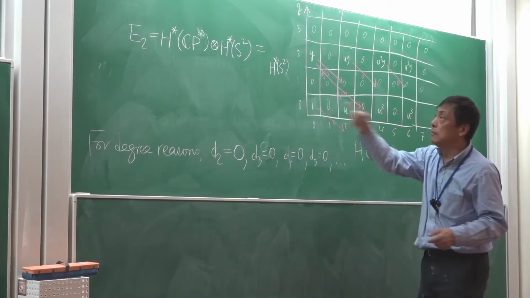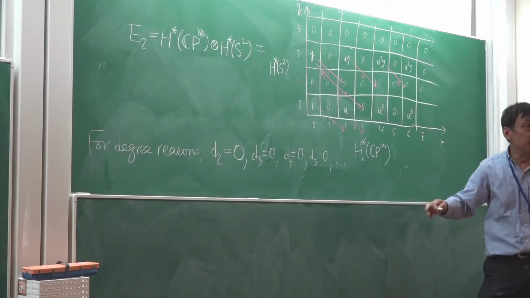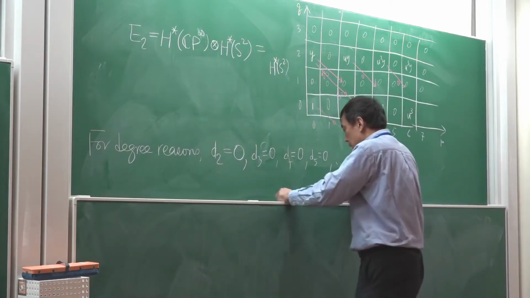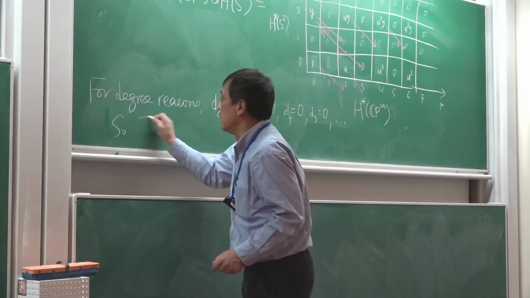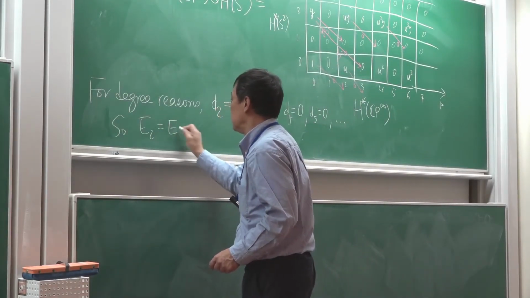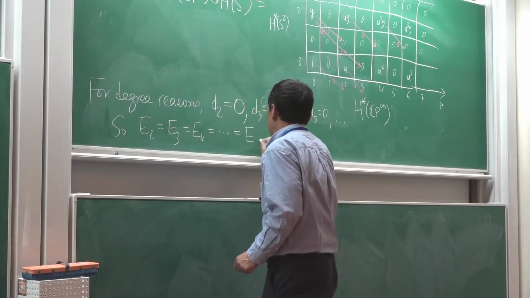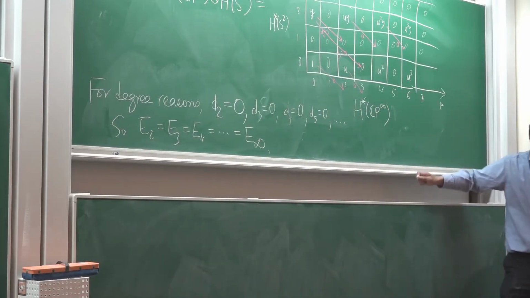So you see, actually, E2 will be equal to E3, equal to E4, and so on. And so it will be E infinity. So E2 equals E3 equals E4. Okay? So this is the picture of E infinity.